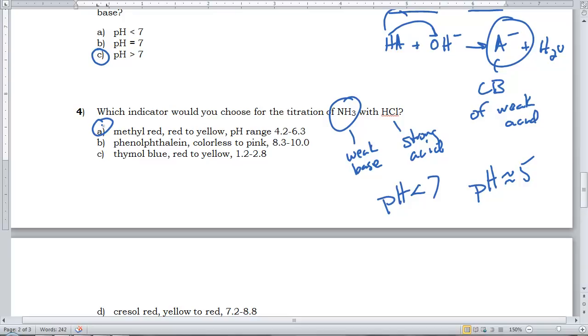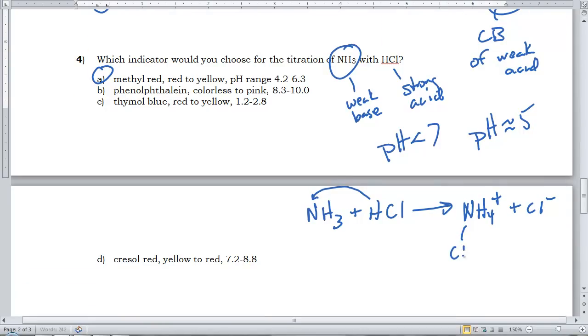Now, also make sure you know why the pH is less than 7. What species in solution is making that solution acidic, pH less than 7? And again, it's the conjugate acid that is produced. H plus from the acid is gained by the base to produce the conjugate acid.